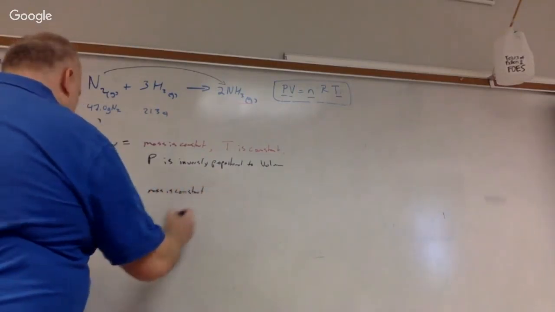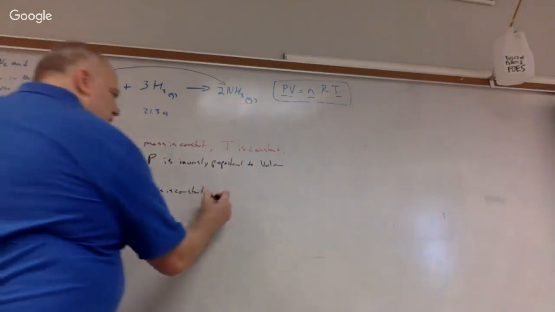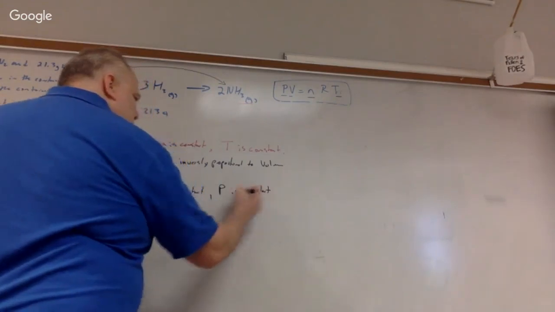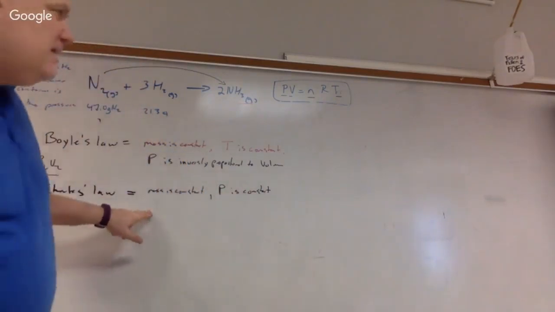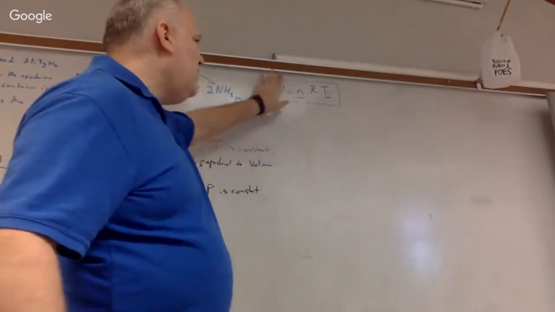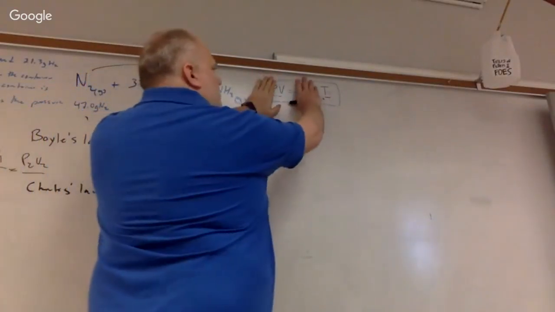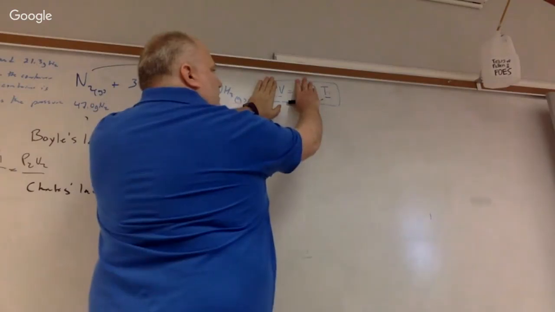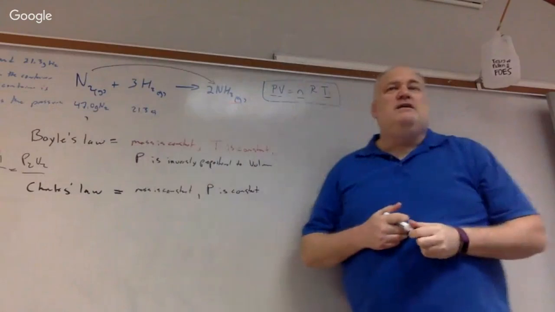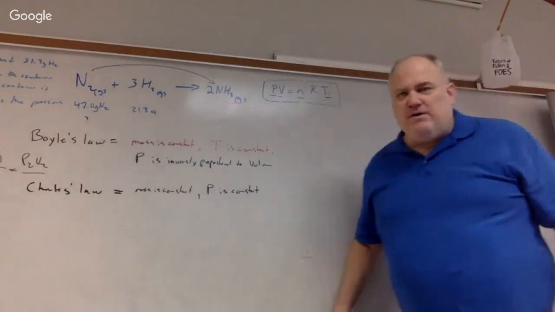Now, for Charles' law, pressure is constant. So now watch. If mass and pressure are held constant and R is held constant, what are we comparing? Volume and temperature. I want to run that by you again.